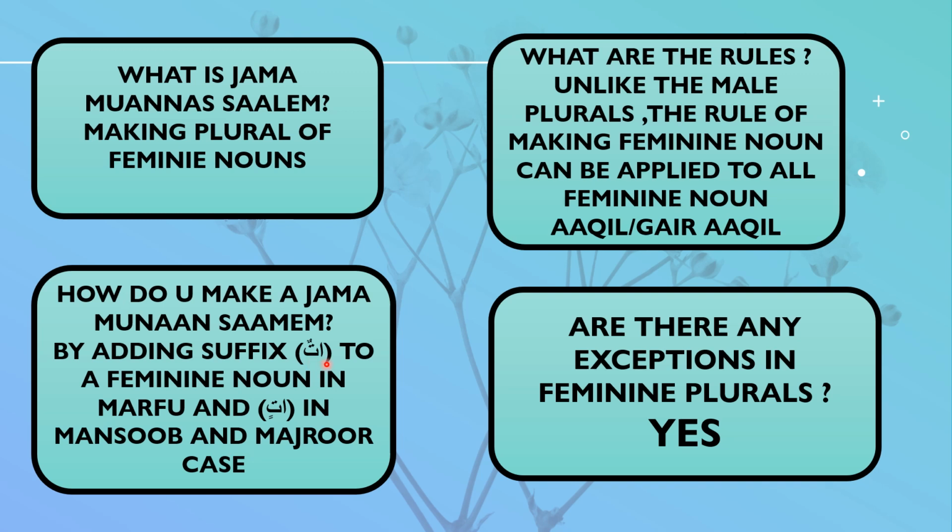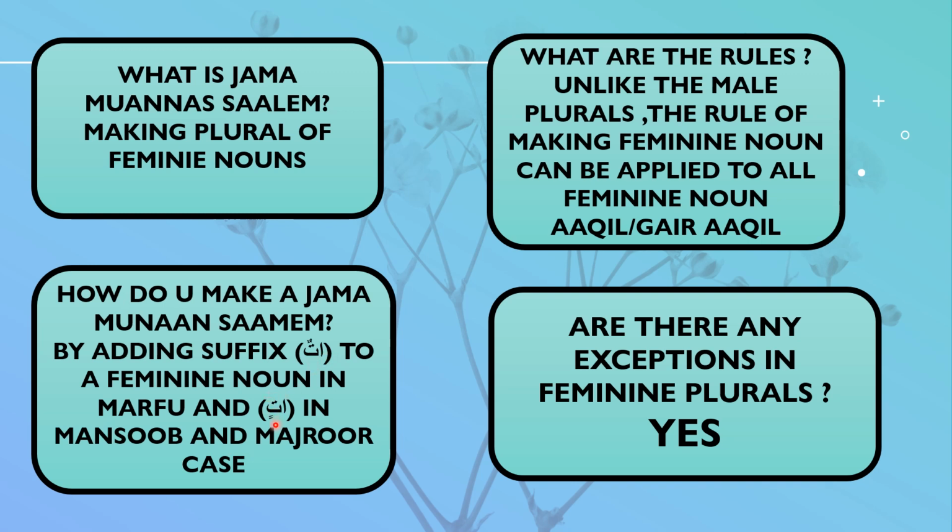So the letter is alif wa ta with the dhammatain if the noun is nakira. And if a noun is marifa, you will see a single dhamma over it. And this will be for the marfu case. If a plural feminine noun is in marfu case, you will see alif and ta with the dhamma.